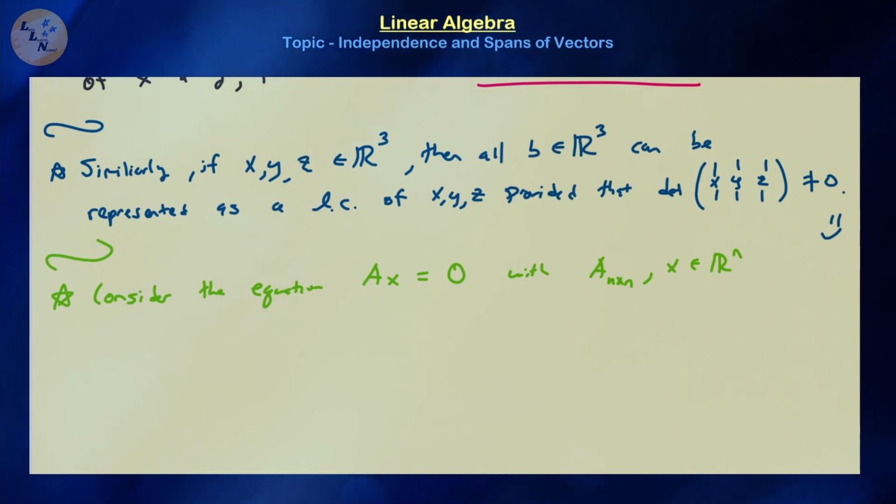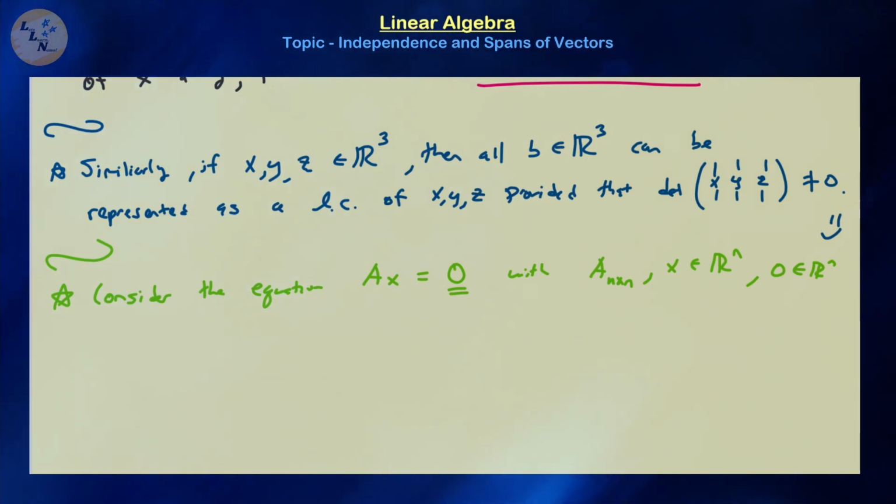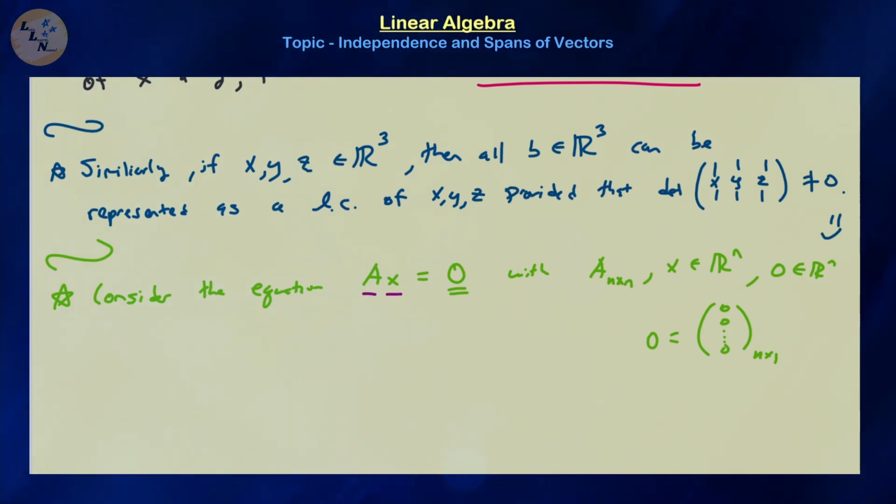And let's also assume that the 0 on the right-hand side is an element of Rm. So that's not the number 0, that is the vector 0. Some people will put a hat just to distinguish between the number 0 and the vector 0. That 0 in this case is just the vector containing 0, 0, 0, all the way down to 0, and there's n of them. So just make sure not to confuse that: matrix, vector, and also vector, not a number.